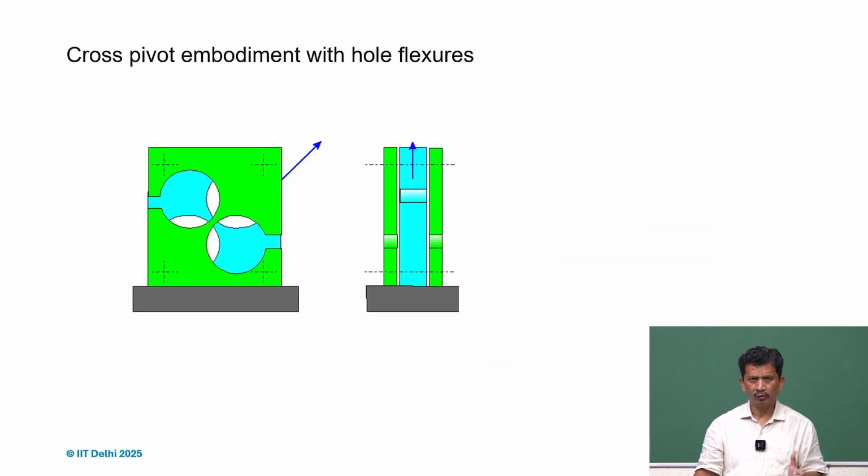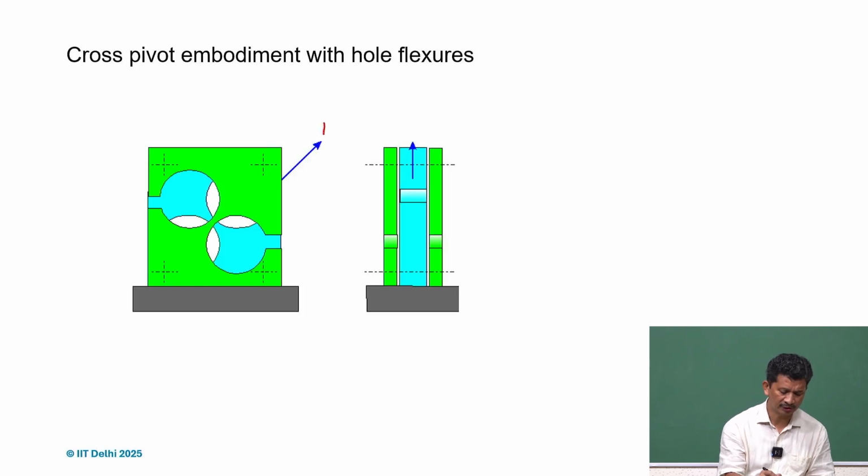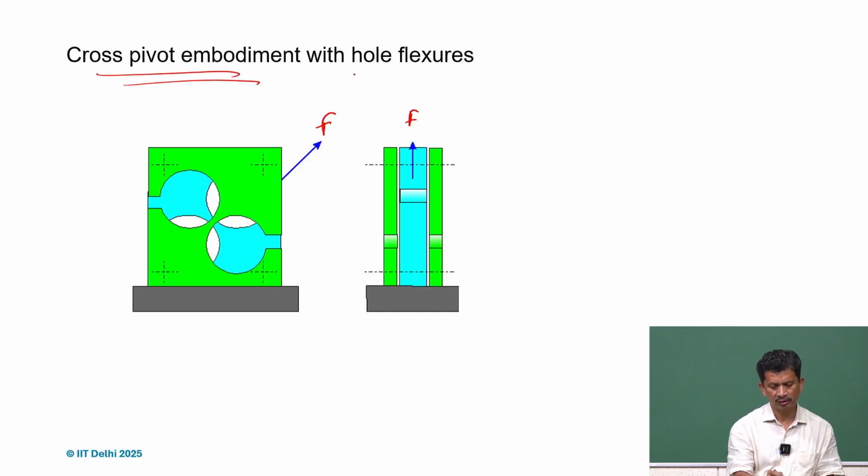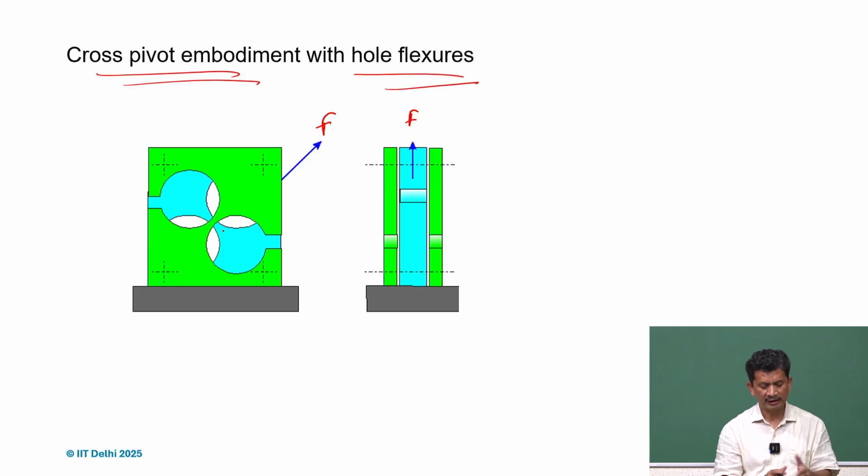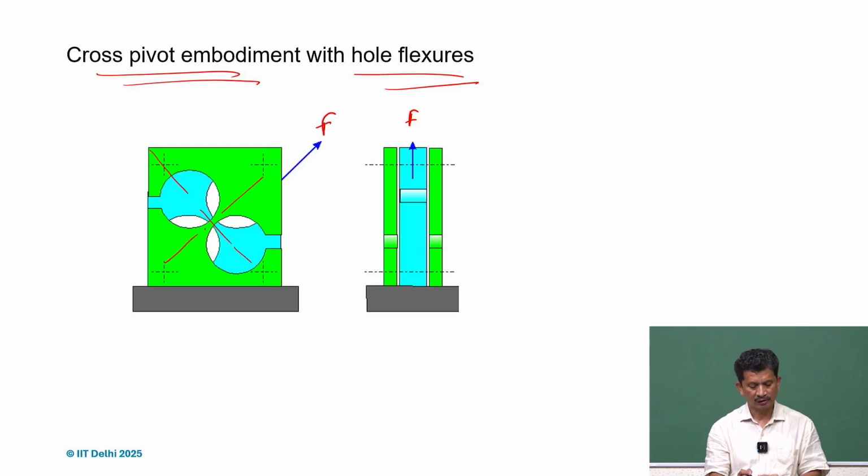What we also know is that if we are not very sure about that, then we can always have an orthogonal arrangement, and that's what we have done here. If there is a force here, we can do a cross pivot structure with the whole flexure. So in this case, we may not have to worry about that shear. This is one and this is another one, in the orthogonal direction, and so it's again a sandwich model.